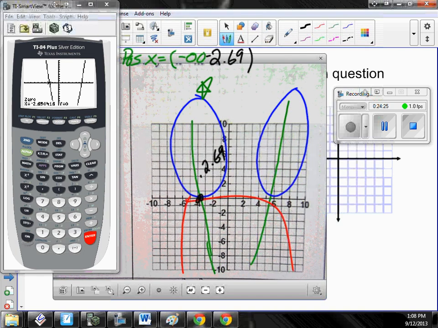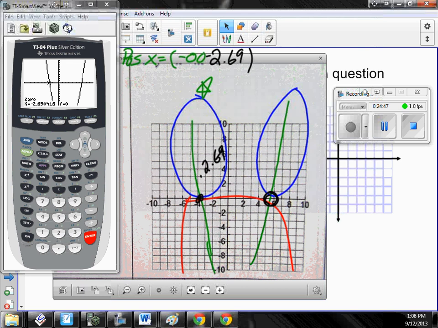What happens after that? What happens after -2.69? It becomes negative. How long does it stay negative? Until whatever's over on this side, so we need to find that root.